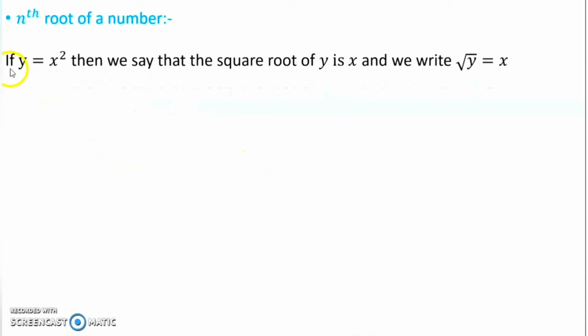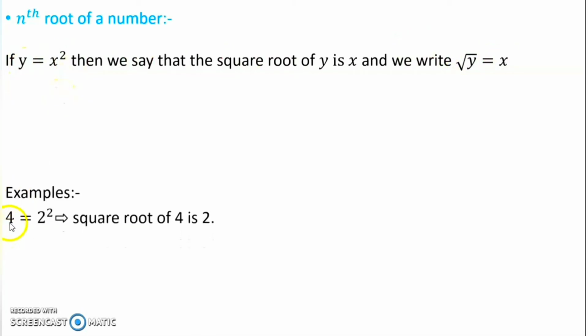Let me go to the second preliminary, which is the nth root of a number. If you have y equal to x square, then we say that the square root of y is x and we write root of y equal to x. For example, the number 4 is 2 raised to 2, so it implies that the square root of 4 is 2.